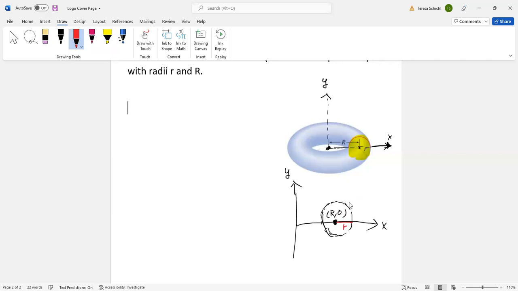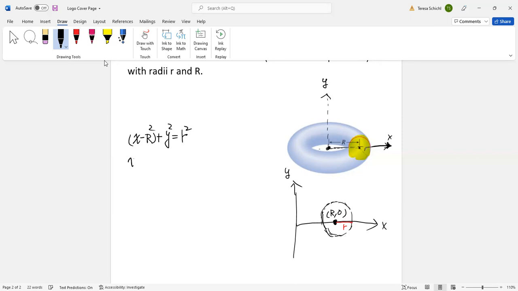Okay, so now let me write this by geometry. We know how to write the formula for the circle, right? Right now the center of the circle is at R and 0, so the formula will be (x minus R) squared plus y squared equal to lowercase r squared. Because it's circling around the y-axis, I want to integrate with respect to y.